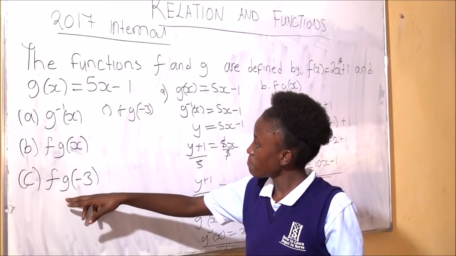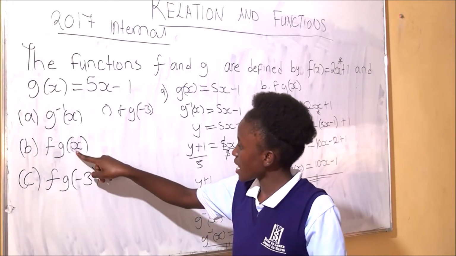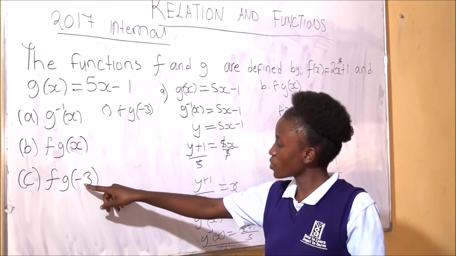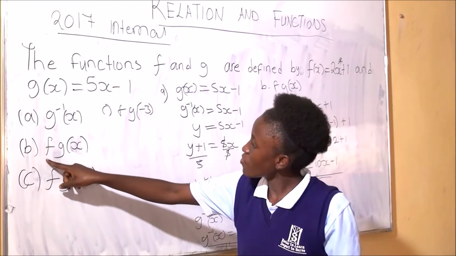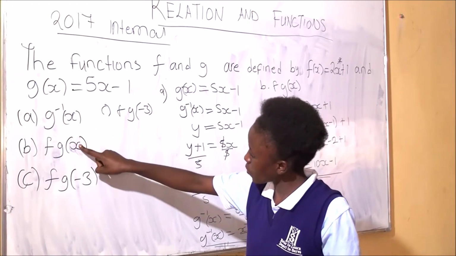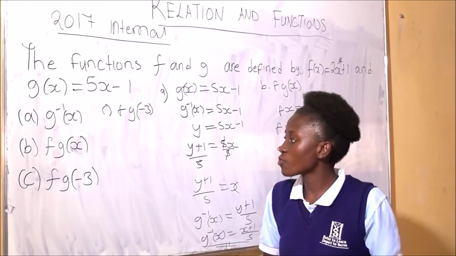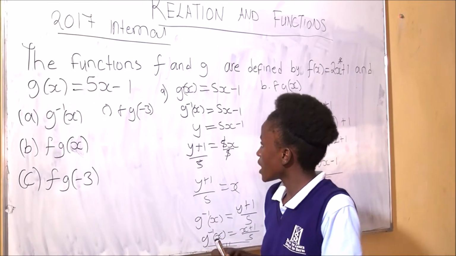They are the same, but the difference is that where there is x, in the next question they have put negative 3. So this simply tells us that in the f of g of x, where there is x, we put negative 3.